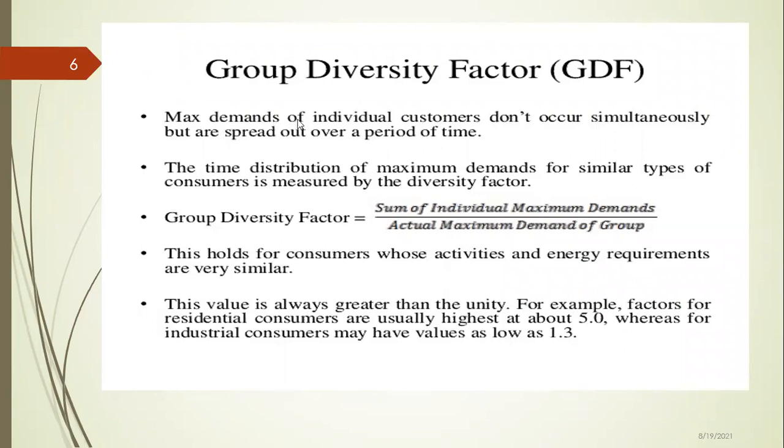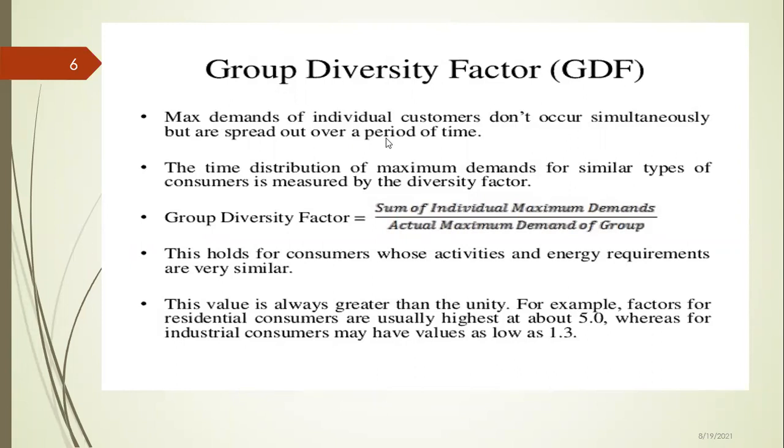The maximum demands of individual customers don't occur simultaneously, but are spread out over a period of time. Now here, let's take the example of our colony, or any residential colony. There are different houses.